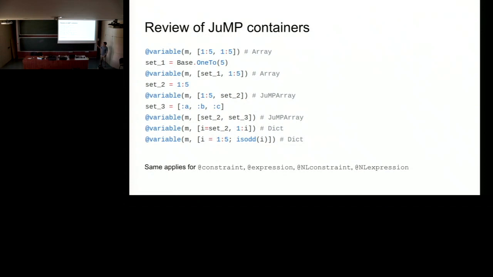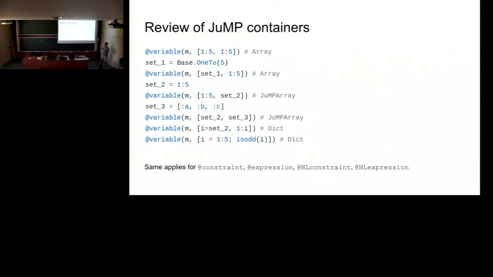Same thing if you're indexing over sets of symbolic values, you can use any sort of index set you like, and if your index set is a Cartesian product, then we'll return a JuMP array.